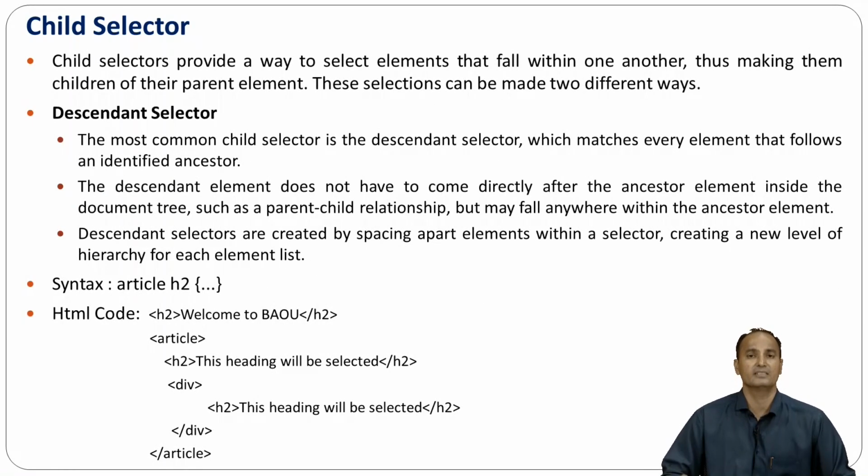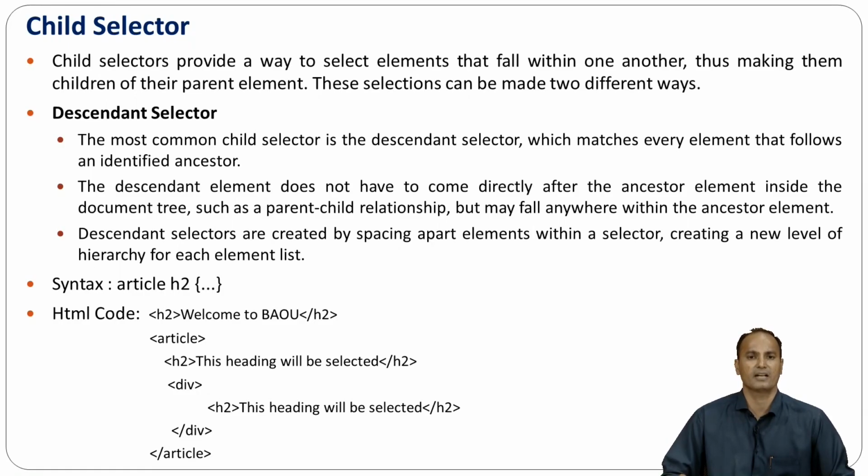So what is the descendant selector? The most common child selector is the descendant selector, which matches every element that follows an identified ancestor. That means the descendant element doesn't have to come directly after the ancestor element in the document, as in a parent-child relationship, but can fall anywhere within the ancestor element.